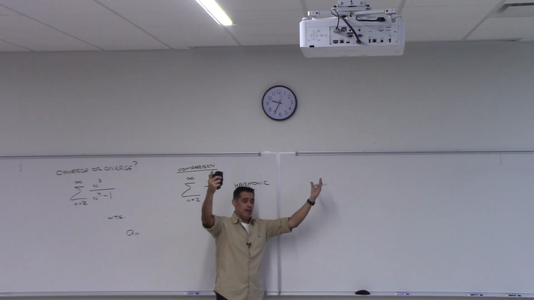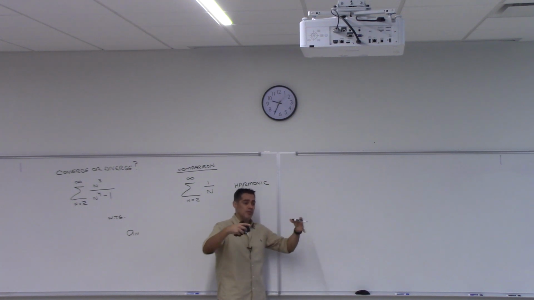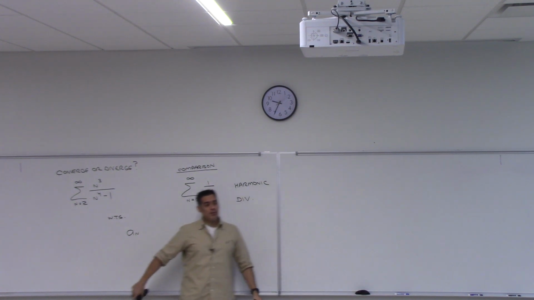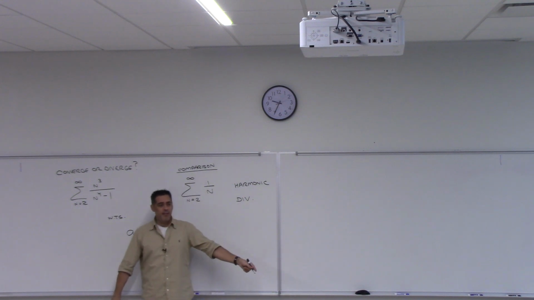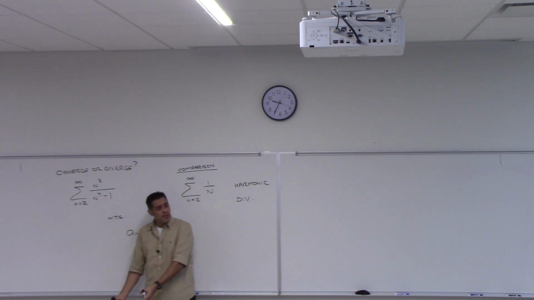If these numbers are smaller than those, you can't tell me that these add up to be infinity as well, because if they're smaller, couldn't they all be zeros? And they are smaller than those, and these are not going to add up to be infinity.